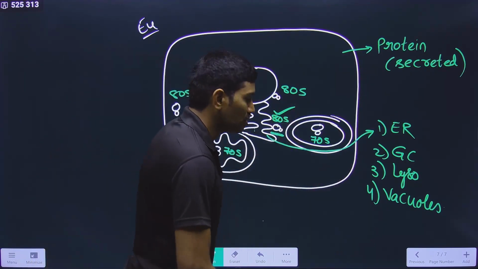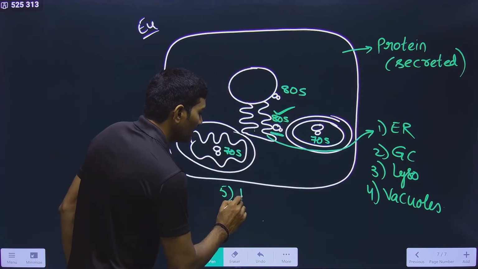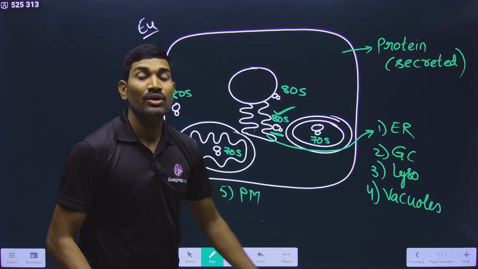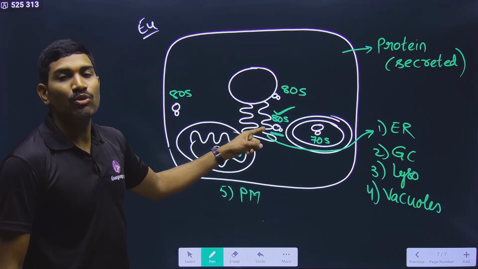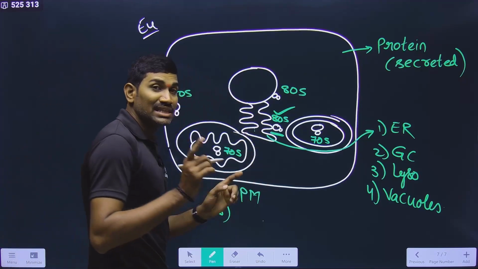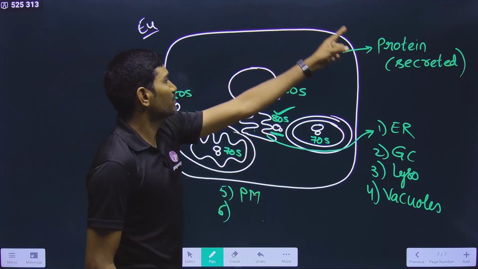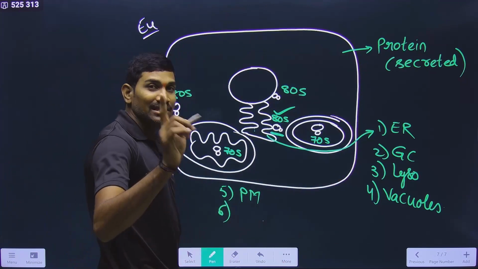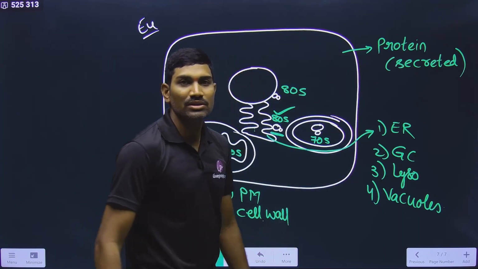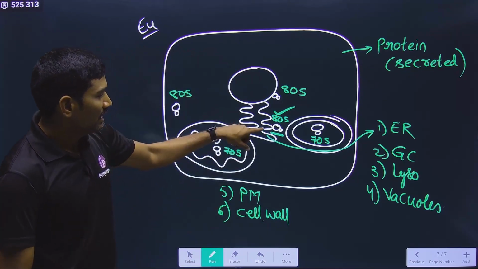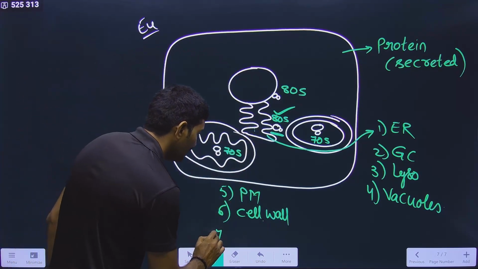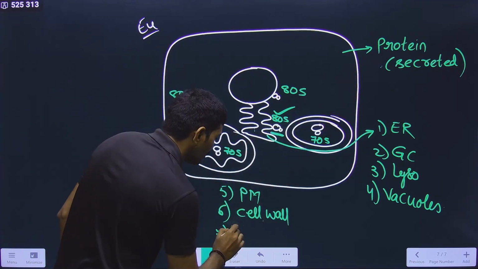And not only this, proteins required for the plasma membrane. Some proteins are present in the plasma membrane also. They are also synthesized by ribosomes on the endoplasmic reticulum. And if a cell wall is present outside this, the cell wall also has some proteins, and who will synthesize those proteins? They are also synthesized by these ribosomes only. And finally, it is the secreted proteins.